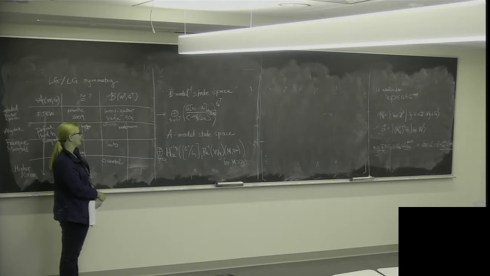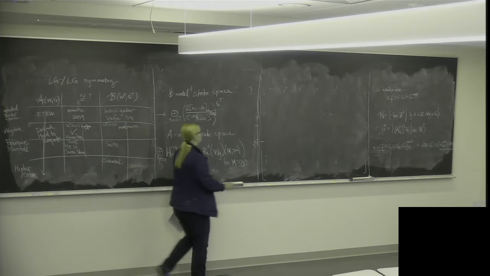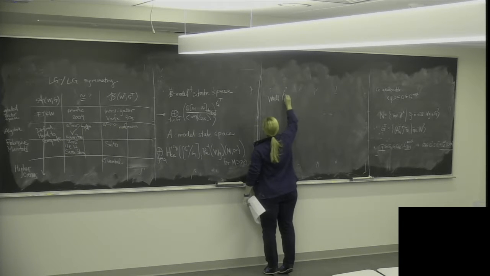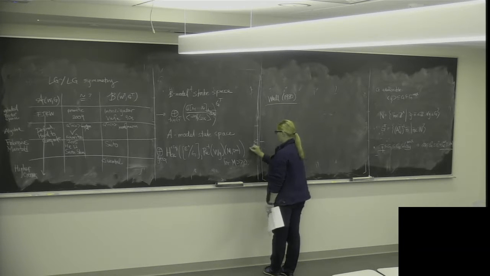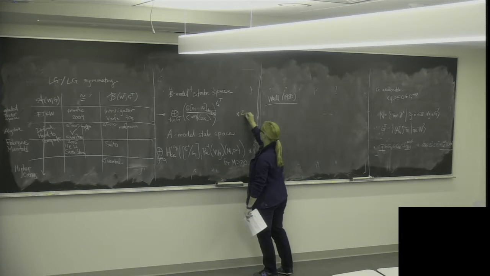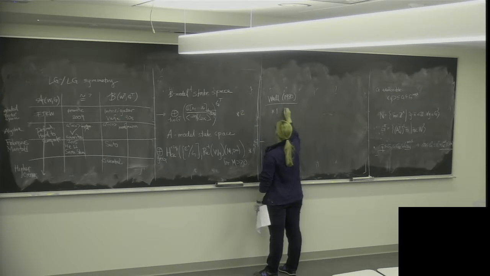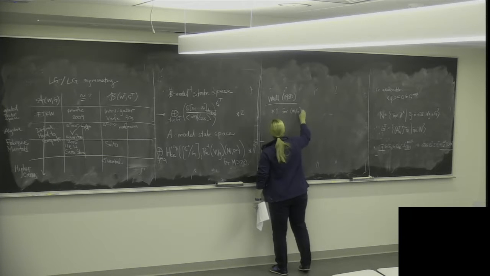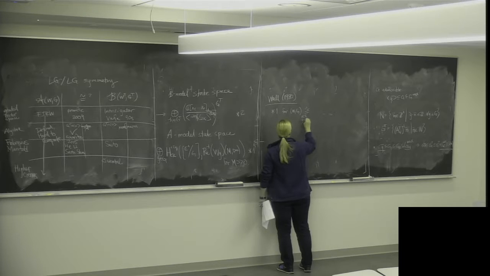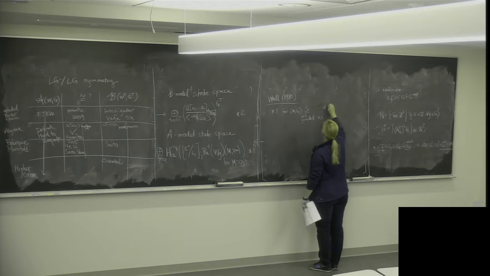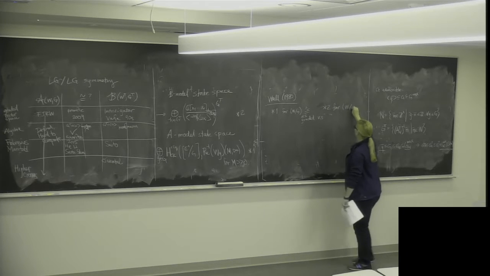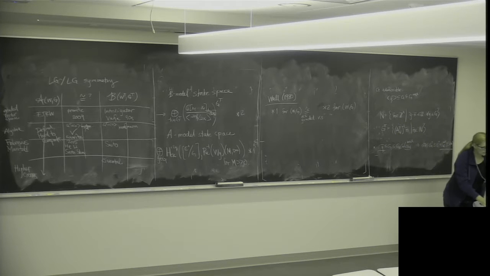Well, maybe someone does. So it turns out that actually Wall showed that, we'll just call this thing here star 1, and this thing here star 2. Star 1 for W and G is isomorphic as a graded vector space to star 2 for W and G. In other words, if you're only interested in these things as vector spaces, you can forget that it's relative cohomology at all and just think of it as these local algebras.